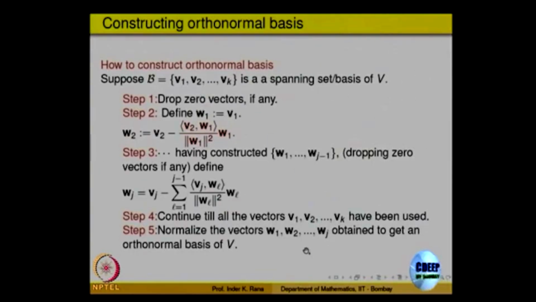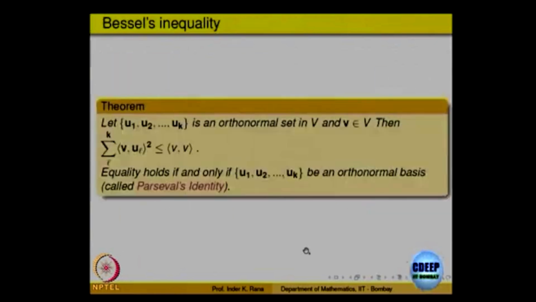And we had looked at examples of that. So we will continue with the further ideas. We also proved what is called Bessel's inequality, which said that if you are given an orthonormal set, not necessarily a basis, then the sum of the squares of the coefficients is always less than or equal to the norm of u squared, and equality holds if and only if these form an orthonormal basis.